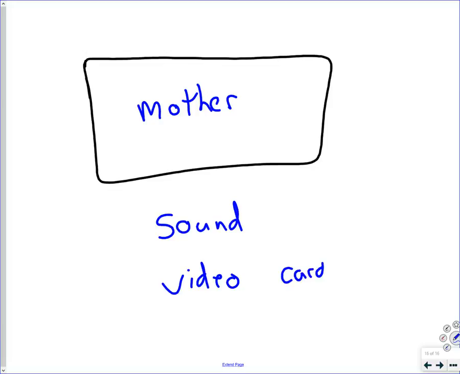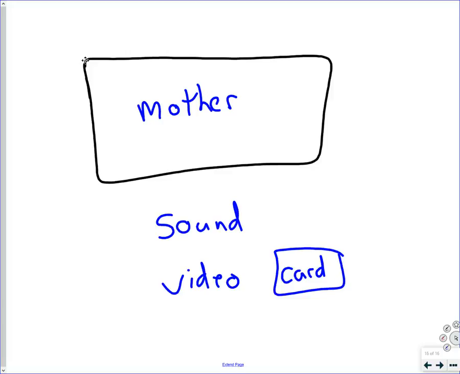Okay, so here's the thing. Card and board can be interchanged. This is also the mother card, the sound card. But you can also call it the video board. But there's a general term for boards that plug into the motherboard. They support it. A sound card supports the motherboard.